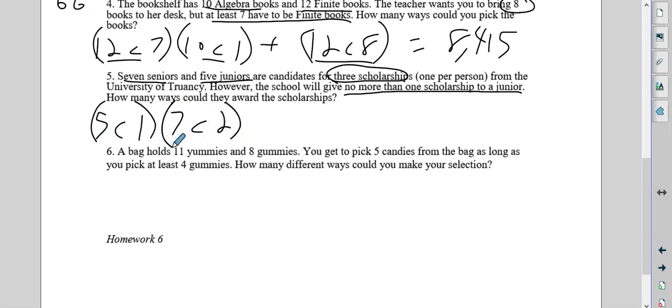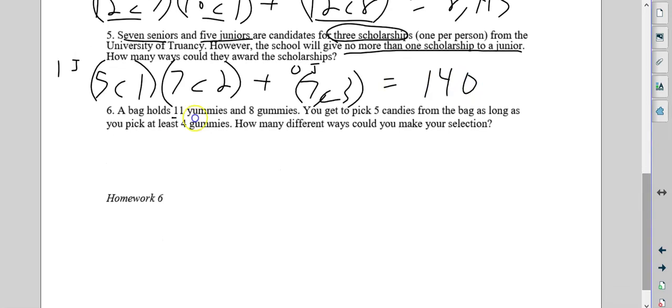So this right here is 1 junior. Or you could have 0 juniors, and that would be 7C3. So all seniors. When you calculate that out, you get 140.